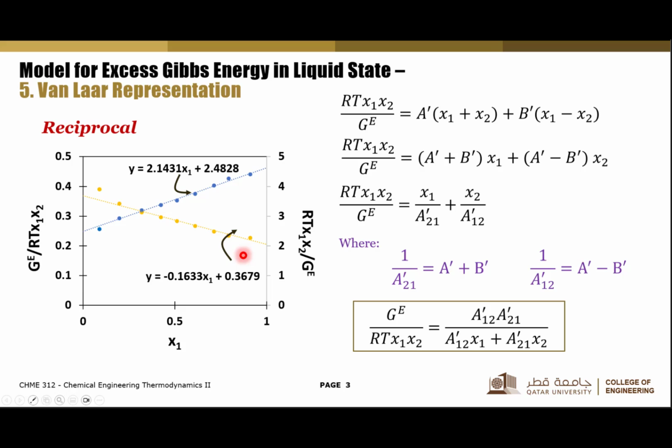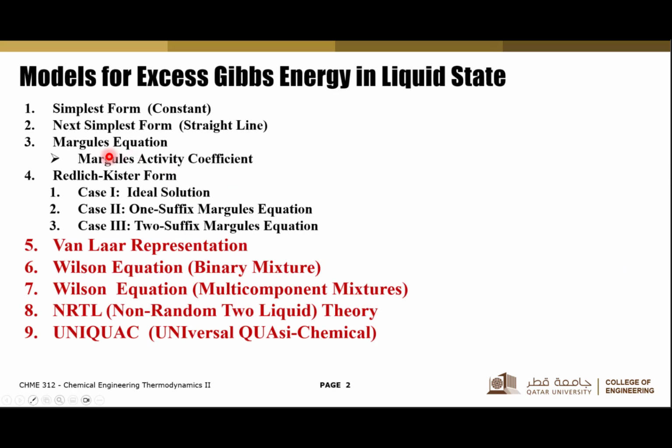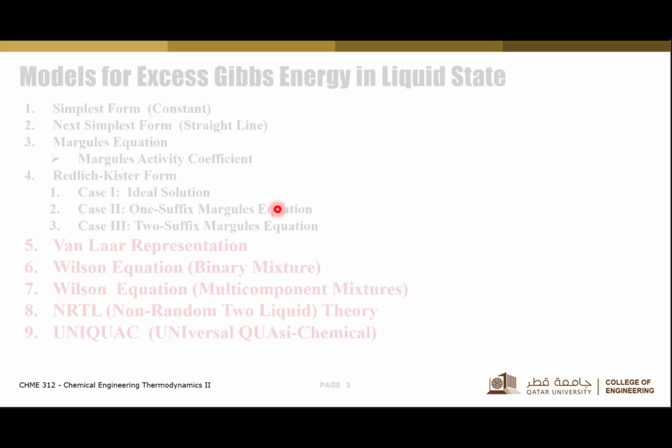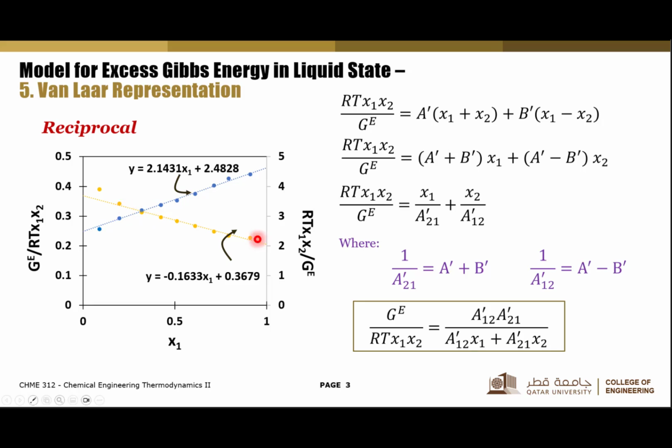So if you go back up here, it's both the Margules equation that has the coefficients and the 2 suffix Margules equations. Same thing, this one and this one. So we plotted that, we got the linear line, and then from that we obtained the coefficients. Now for the Van Laar, instead of doing this plot, we're doing the opposite. We flip it. So it's just another model, but it's the same idea.